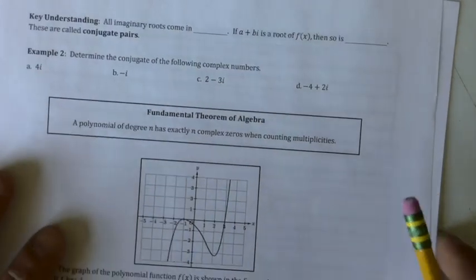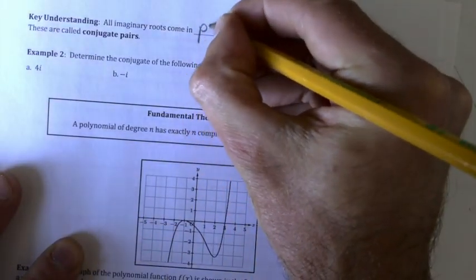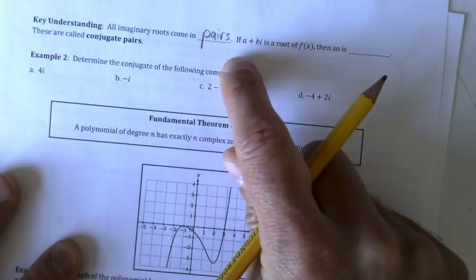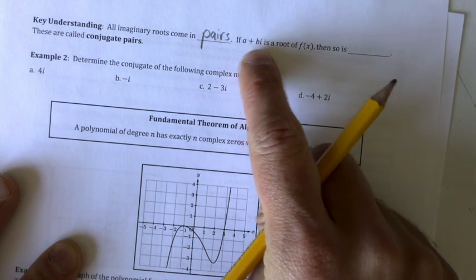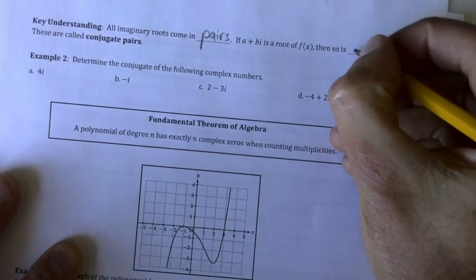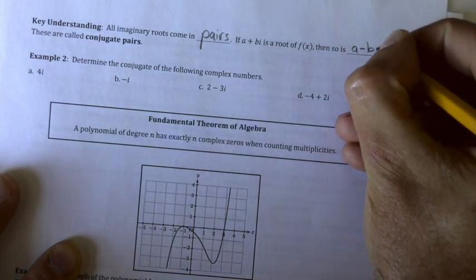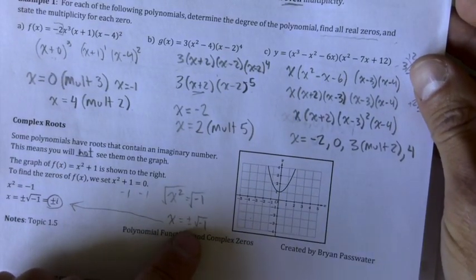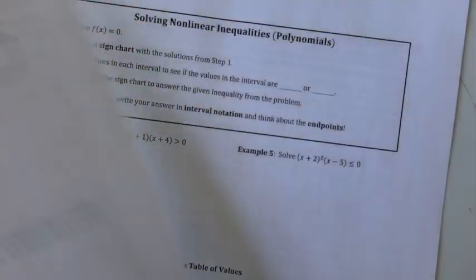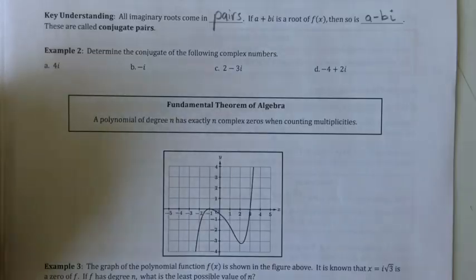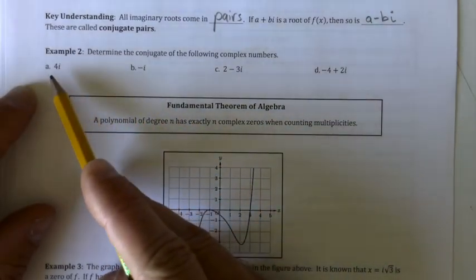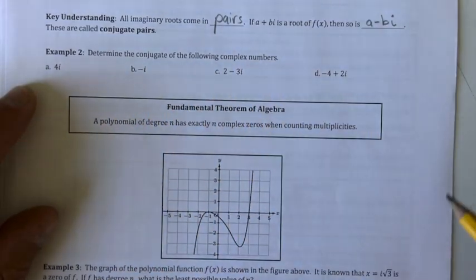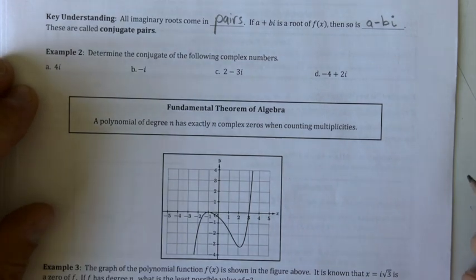All imaginary roots come in pairs. If a plus bi is a root, then that means that a minus bi is a root. That's because imaginary numbers come from the square root, and remember, square roots can always be positive or negative. So the conjugate pairs are just the other version of the imaginary complex number.